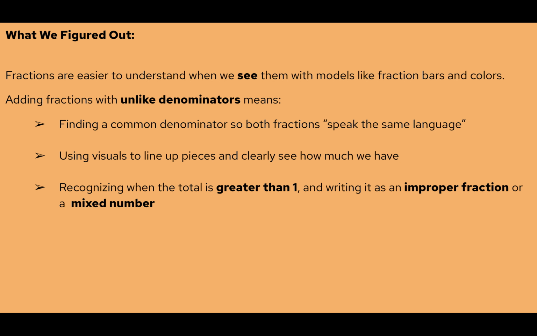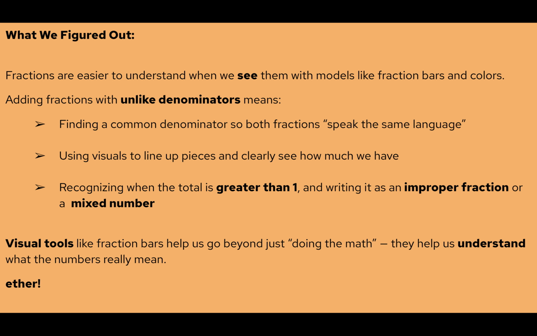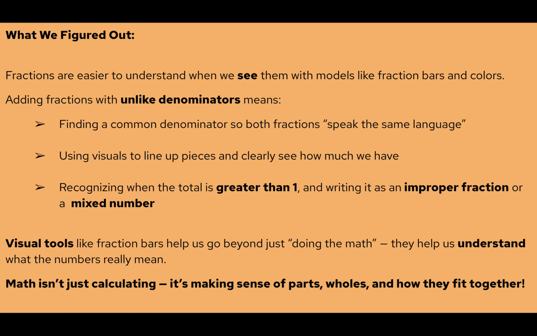And recognizing when the total is greater than 1, we can write it as an improper fraction or as a mixed number. Visual tools like fraction bars or candy bars help us go beyond just doing the math. They help us understand what the numbers really mean. Math isn't just calculating, it's making sense of parts, wholes, and how they fit together.